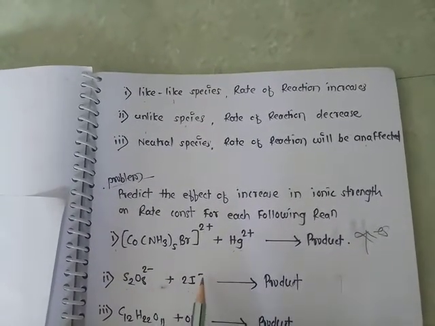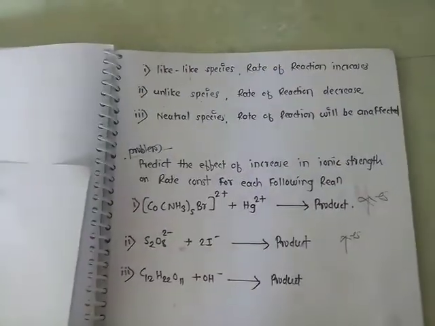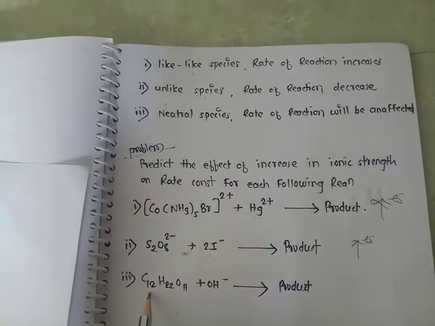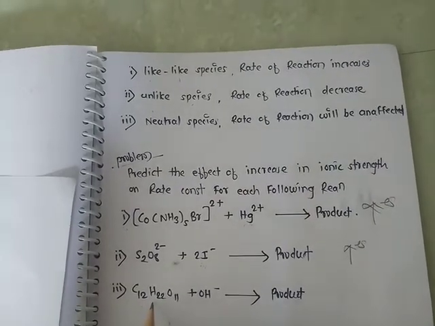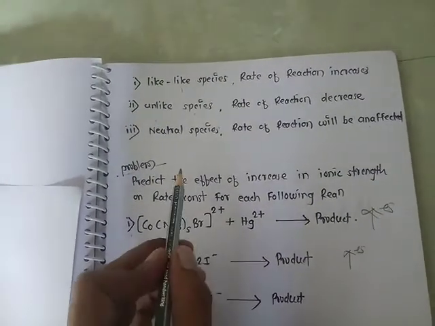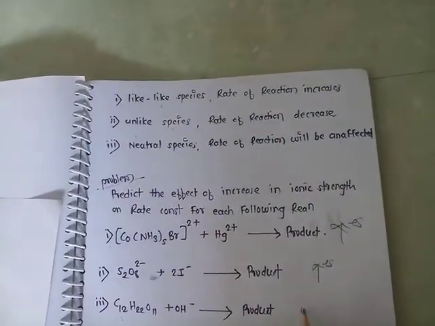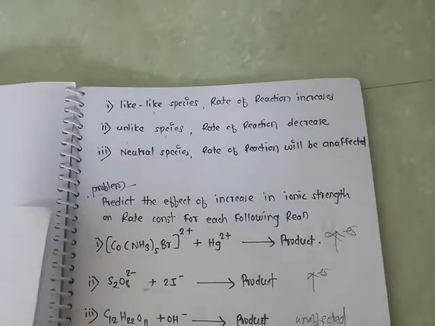Both the species are negative, so rate of the reaction increases. In third, the sucrose molecule. Sucrose molecule is a neutral molecule having zero charge. One species is neutral, another species is negative. We know that for a neutral species rate of the reaction is unaffected. So here rate of the reaction is unaffected, that is constant.